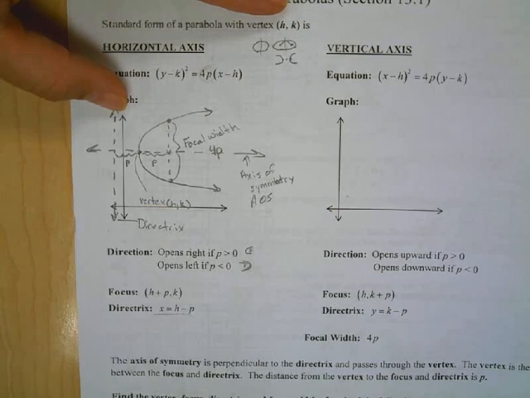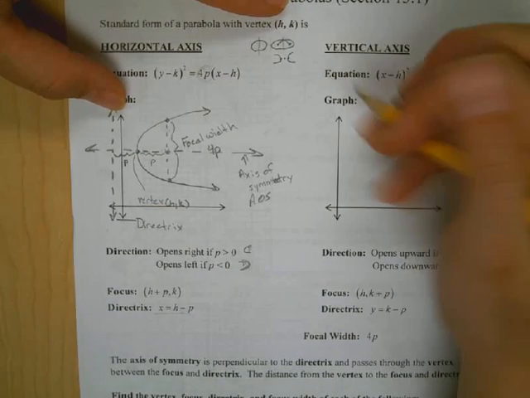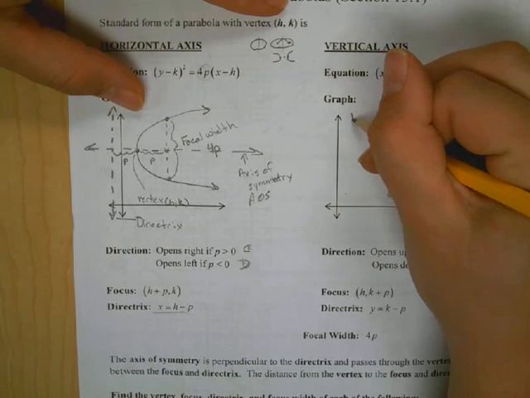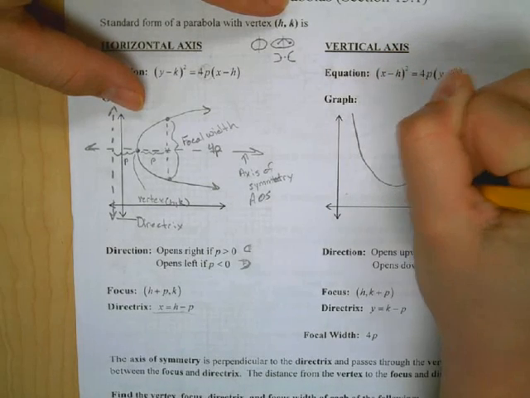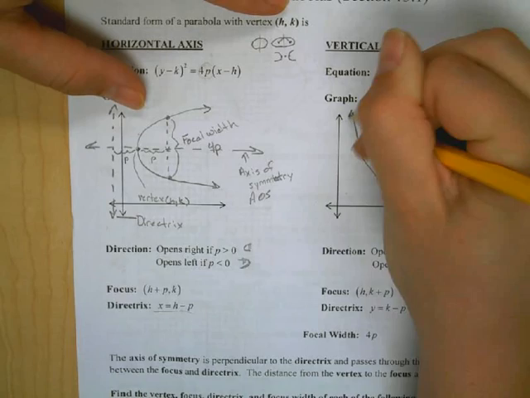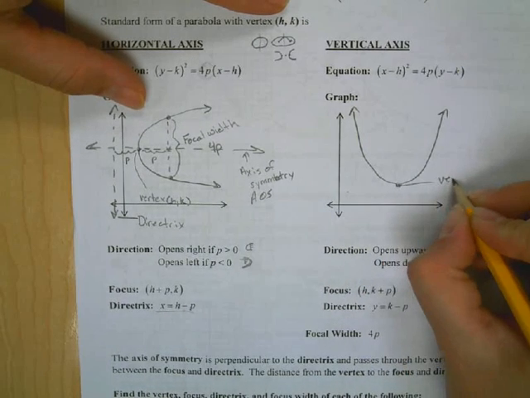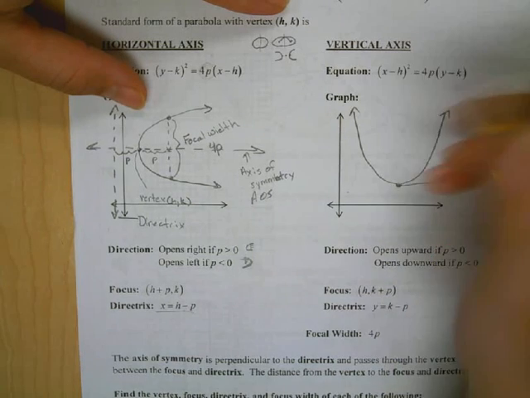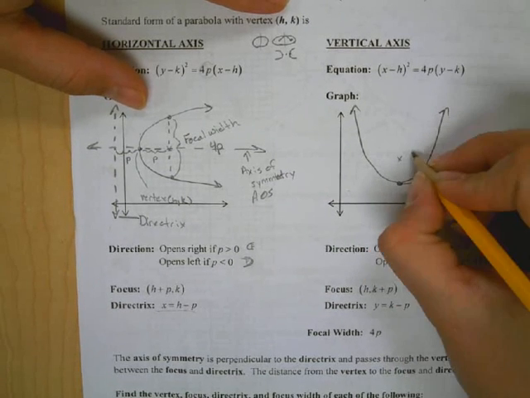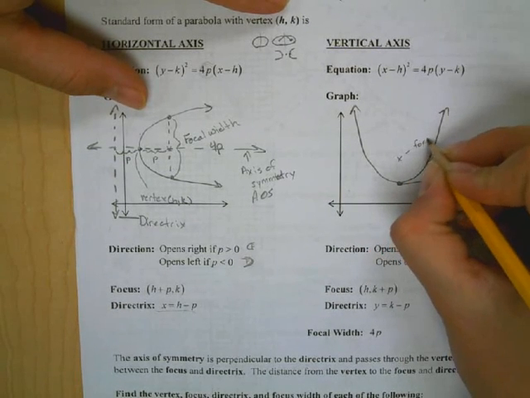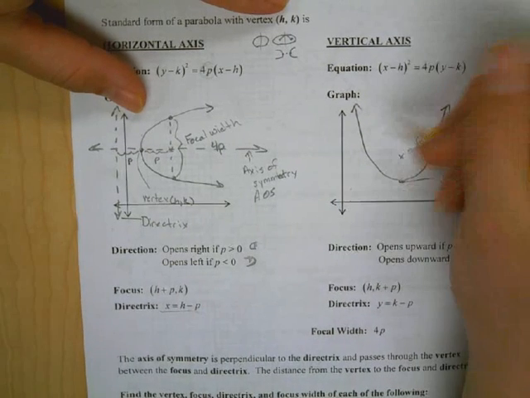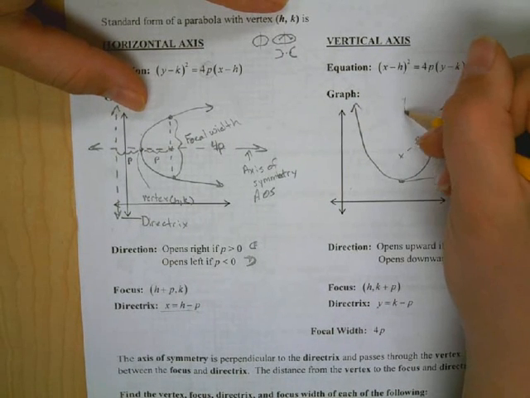When you go to the vertical one, same parts. So we have a vertex which sits there. I have a focus that sits here. I have an axis of symmetry that bisects this thing right in half.